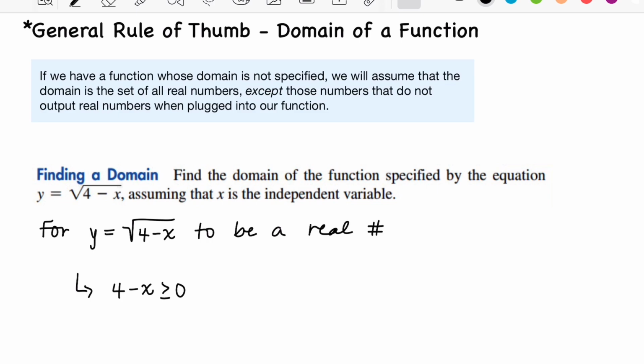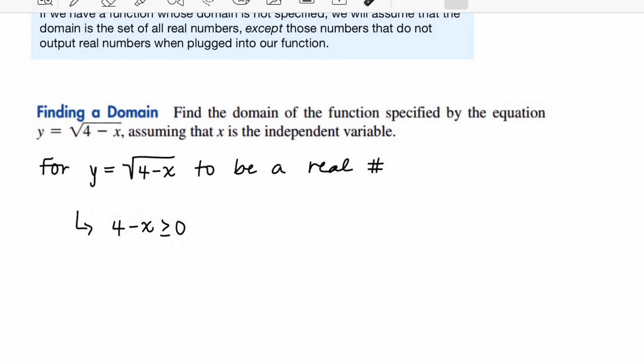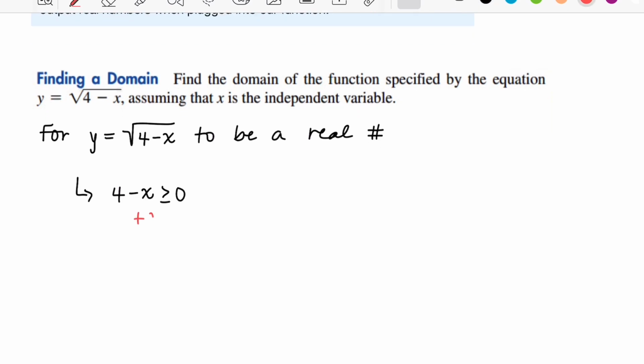Because if it were strictly less than 0, then we would have a negative value in our square root, and the square root of a negative number is imaginary, which is not a real number. So this is our restriction on the inside of our square root, and what we want to do is solve for x. So if we add x on both sides, we get x is less than or equal to 4.